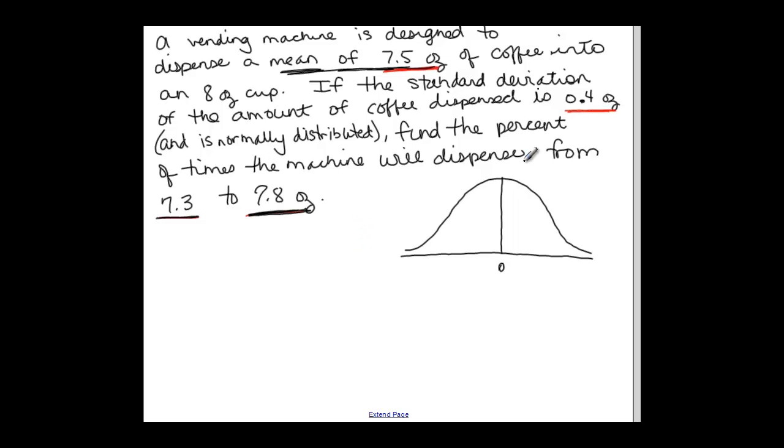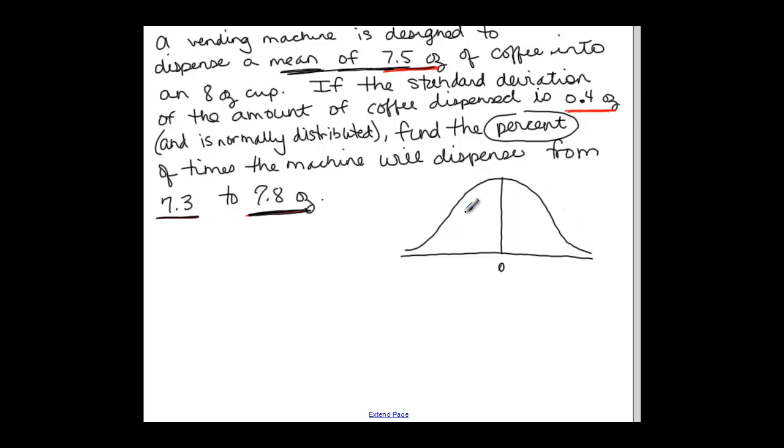So what we want to do is look at that on the curve. We want to find, first of all, the area between these two pieces of data, and then we will change that to a percent since we were asked to do that in the problem.